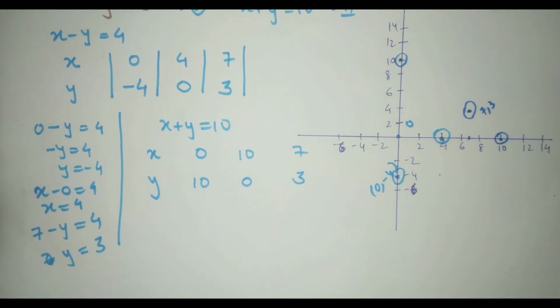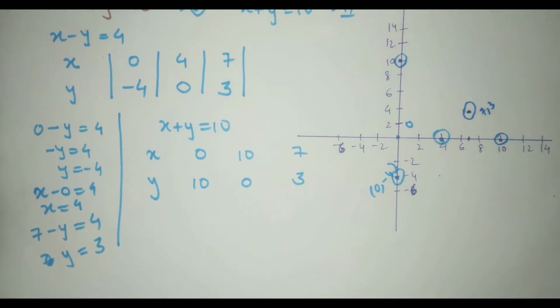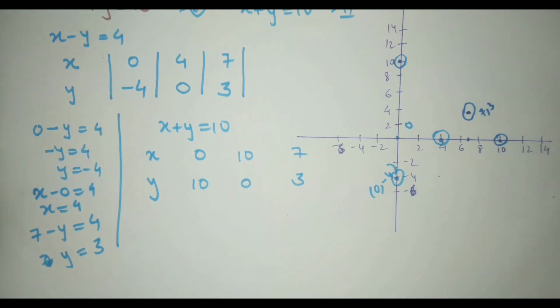Now 7 comma 3, again the same thing, so it will be here only, the same point. So you can observe that you are getting the same coordinate point for the two equations. So when you draw lines through these points, the two lines will intersect, fine.